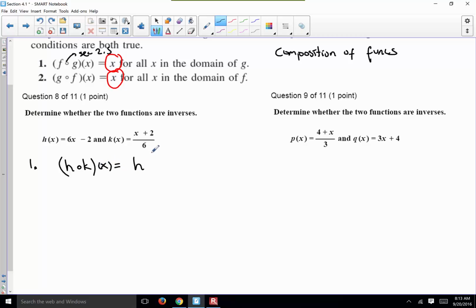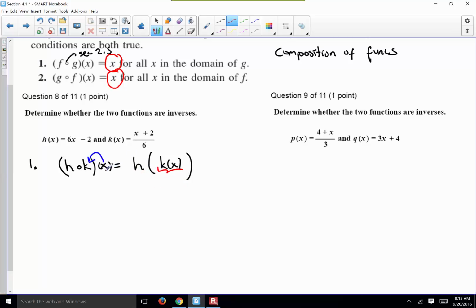It means H is outside and you first send X into K. You send X into K and compute it, and there will be an outcome. That outcome will be sent to H and processed in H.